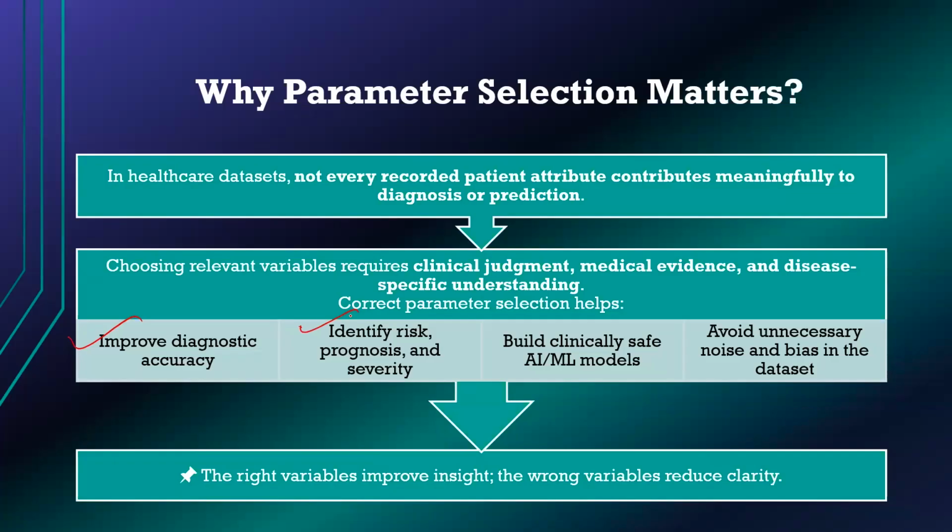If a model is making a wrong prediction, and a patient who is suffering from a disease is diagnosed healthy by the AI model, and he doesn't receive treatment on time, that will be a big risk for that person.